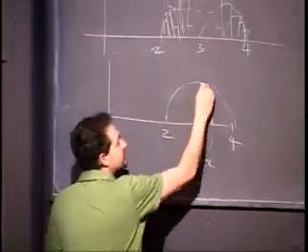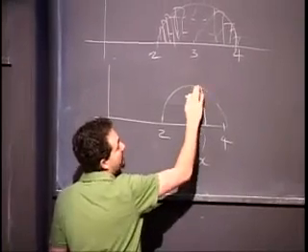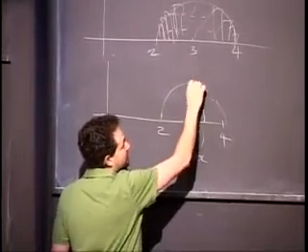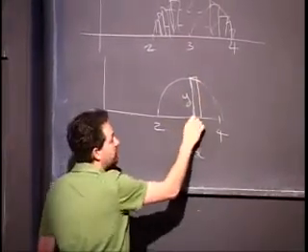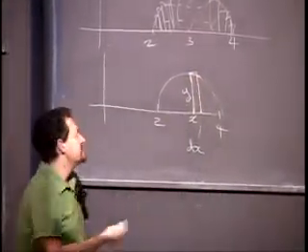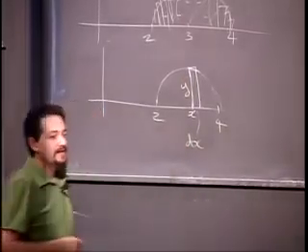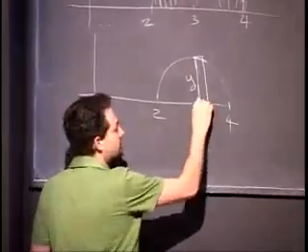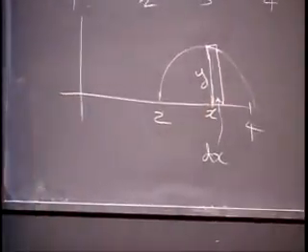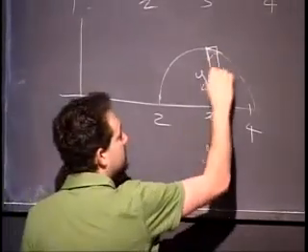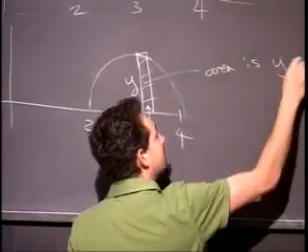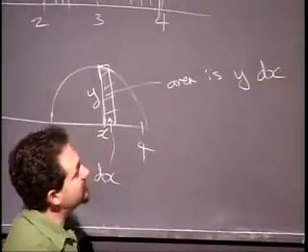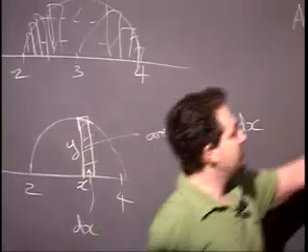The height is about y. If the height is given by the left-hand endpoint, it is exactly y, but otherwise it's very close to y. So this is a strip of width dx and height y, so its area is y dx. And that's exactly the quantity that appears here.